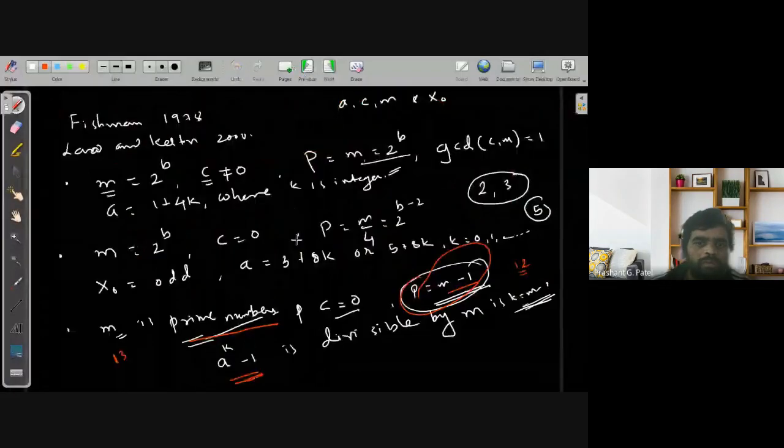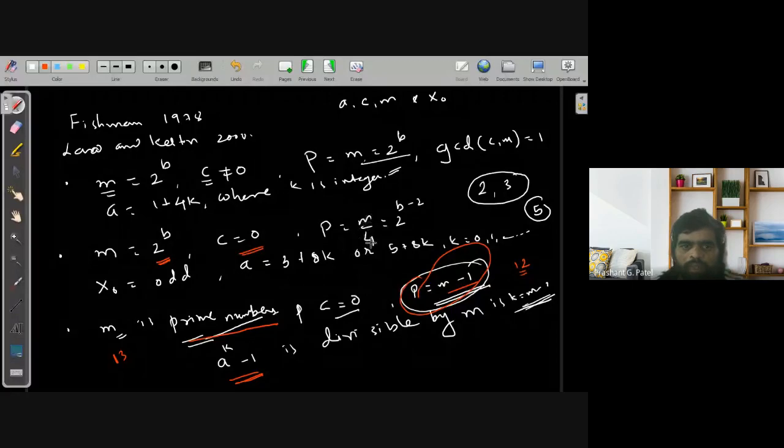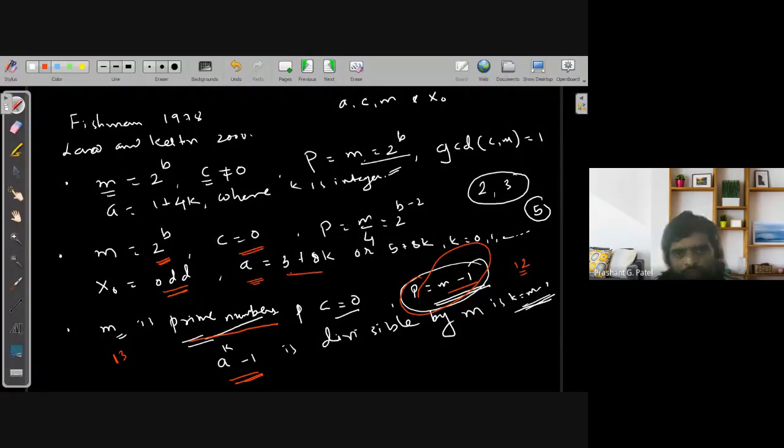See, if m is of the form 2 raised to b and c is 0, then your period should be m by 4 if x0 is an odd number, and A is of the form 3 plus 8k or 5 plus 8k.